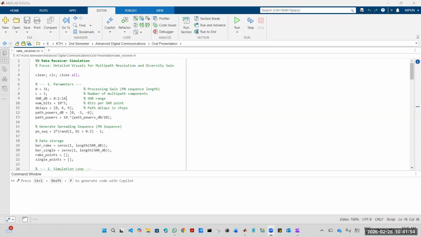The simulation is executed over an SNR range of 0 to 14 dB, with 10 to the power 5 bits at each SNR point. The delays for the paths are 0, 4, and 9 respectively, and the powers are 0, -3, and -6 dB respectively, which are changed into linear scale using this formula.